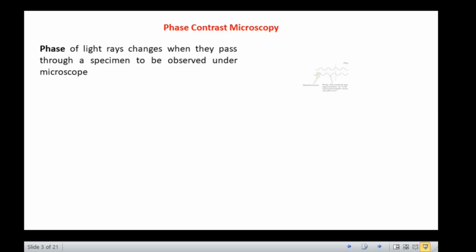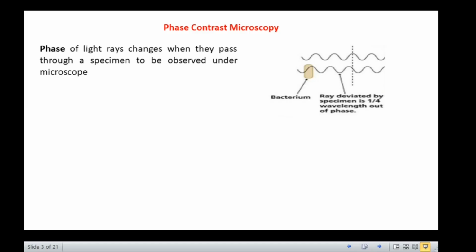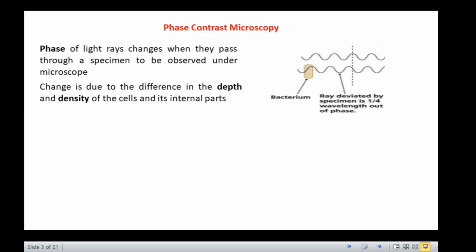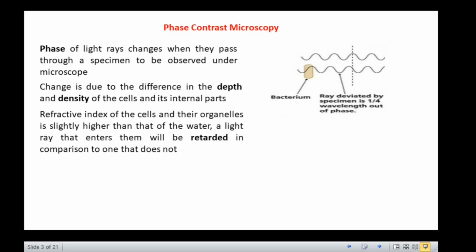The phase of light rays changes when they pass through a specimen to be observed under the microscope, and this change is due to the difference in the depth and density of the cells and their internal parts. Since the refractive index of the cells and their organelles is slightly higher than that of water, a light ray that enters them will be retarded in comparison to one that does not.